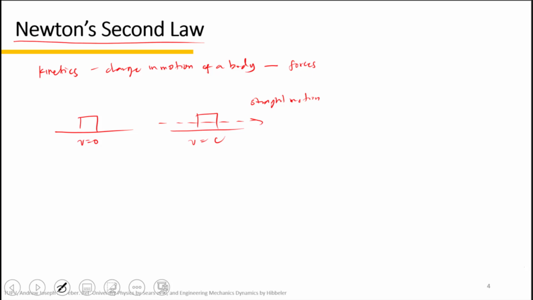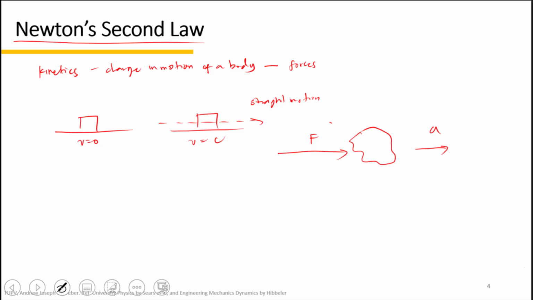This law can be verified experimentally by applying a net or unbalanced force to a body. For example, there is a body, you apply a net unbalanced force and then it will accelerate.